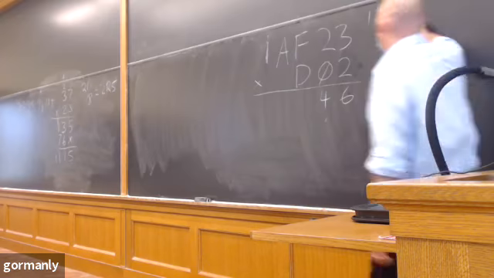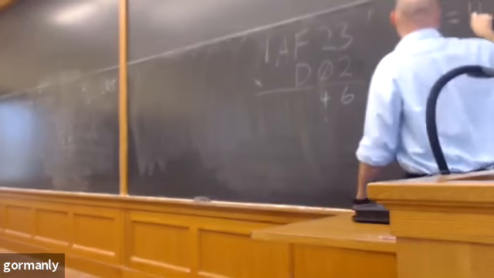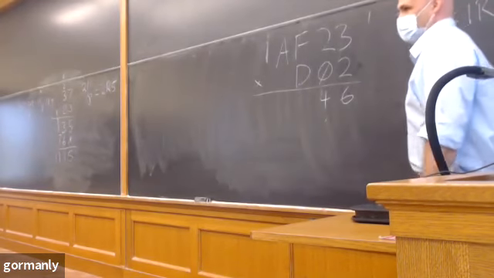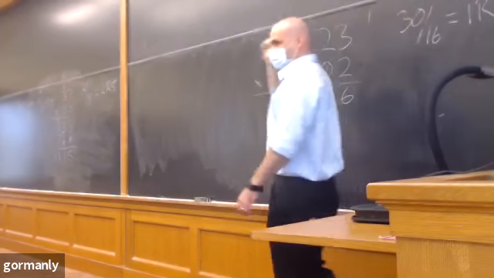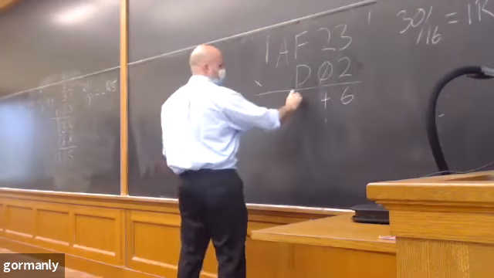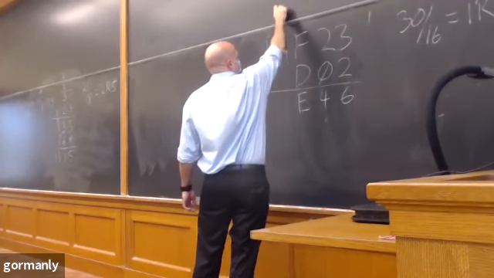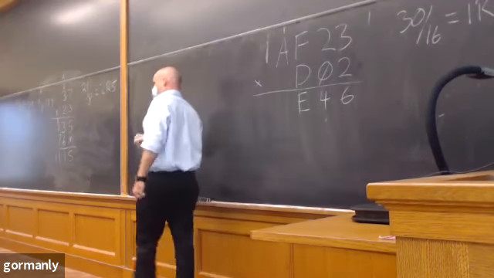Correct. Remainder of 14. Right. Which 14, counting F, is an E. So we have E, carry 1. Here, I'm going to do my first row of carries. I can fit it there.